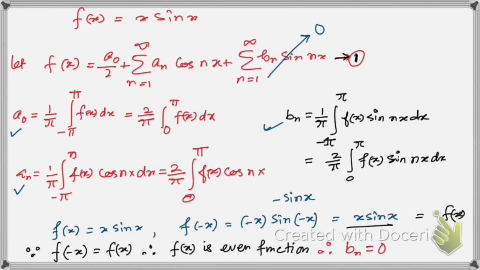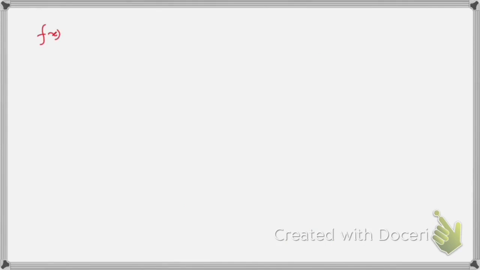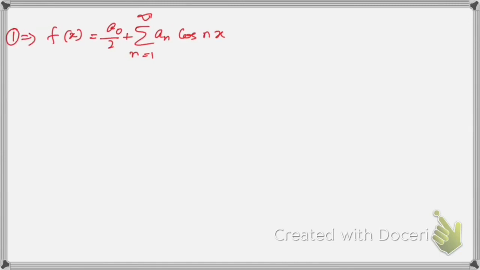So that's why this equation number 1 reduced to this. So we have got now f of x is equal to, so this equation number 1 just reduced to this form. So this is equation number 1 now.